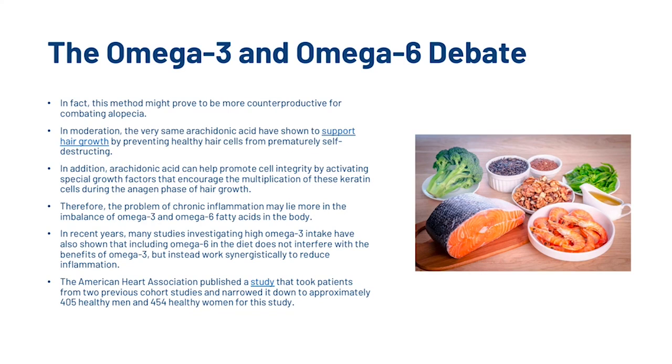Now, in moderation, the very same arachidonic acid has shown to support hair growth by preventing healthy hair cells from prematurely self-destructing. In addition, arachidonic acid can help promote cell integrity by activating special growth factors that encourage the multiplication of these keratin cells during the anagen phase of hair growth.